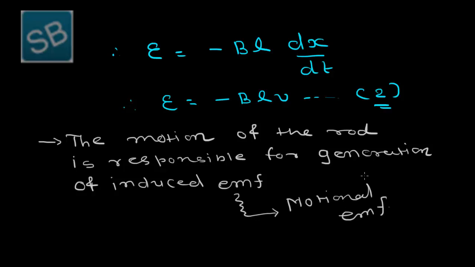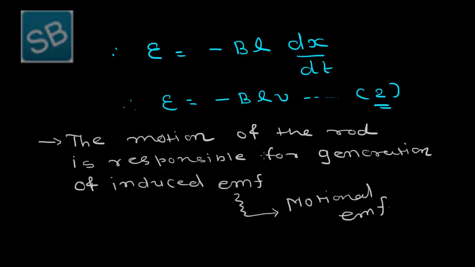Thus we are able to produce induced EMF by moving the conductor instead of varying the magnetic field. So this is another way to produce the induced EMF.